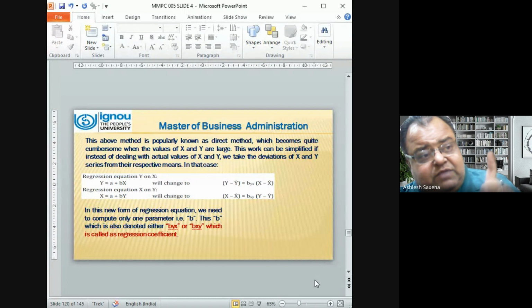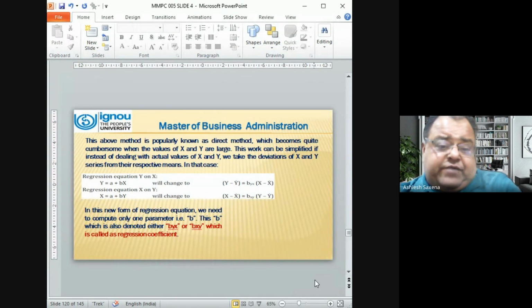Your equation is y is equal to a plus bx. We change it into y minus y bar is equal to byx into x minus x bar. And for the regression equation of x on y, x is equal to a plus by, that will change to x minus x bar is equal to bxy into y minus y bar.